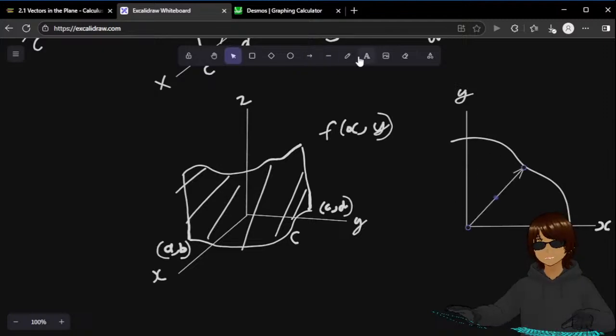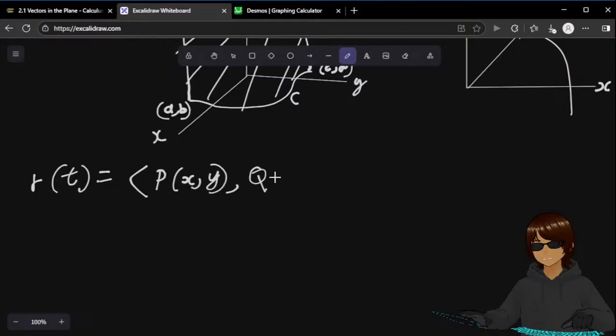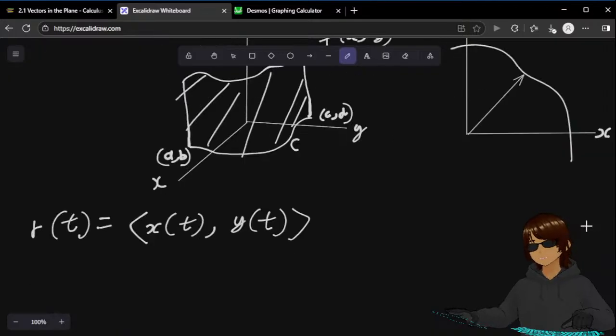So we have a vector valued function, r of t, which is defined as P of xy, Q of xy. Like this, maybe. This is a vector valued function, and the path it traces gives this curve.